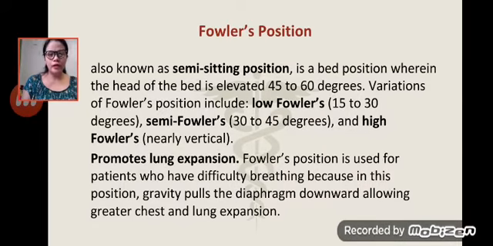So, why do we need to position the patient in this kind of position? Of course, this will help the patient to promote lung expansion. And of course, what else? It is also used for patients who have difficulty of breathing. So, if you will be visiting the hospital, you will be hearing from the doctors, oh ma'am, hirapan yung pasyente mong huminga, ilagay mo na yan sa Fowler's position.